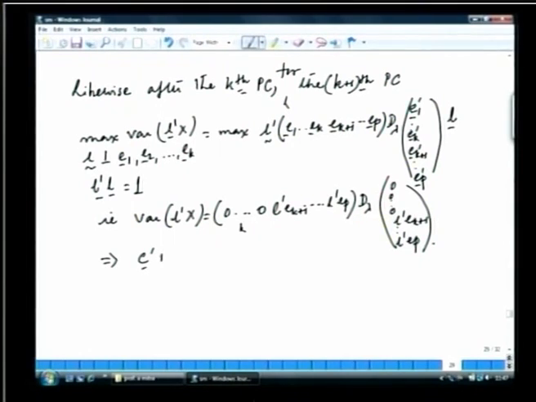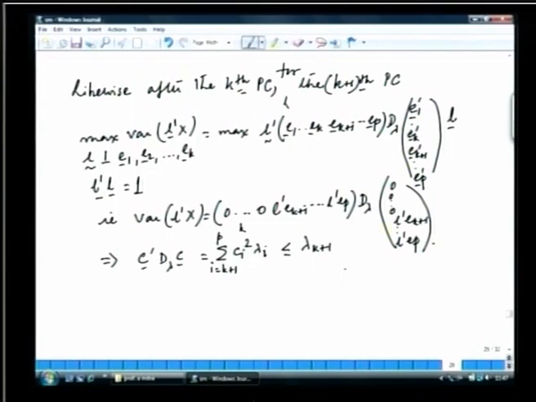So, we have C transpose d lambda C, this is equal to the sum of Ci square lambda i. Now, i is going from k plus 1 to p, and this obviously has to be less than or equal to lambda k plus 1.